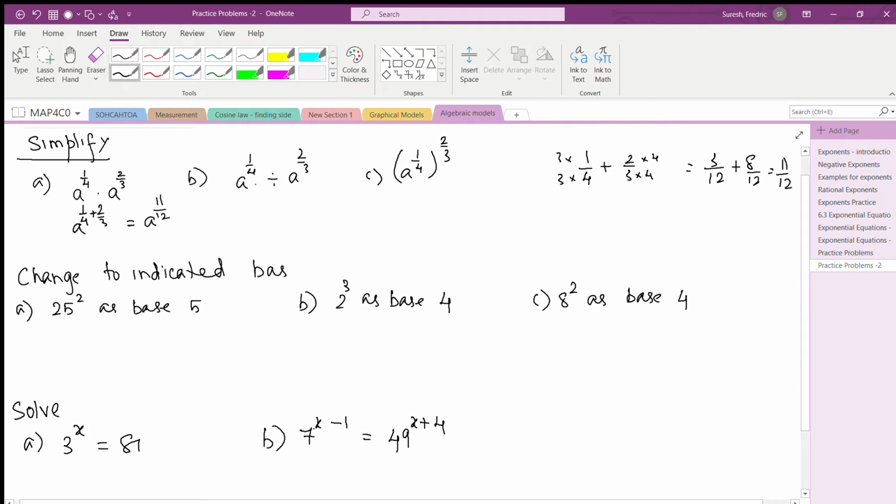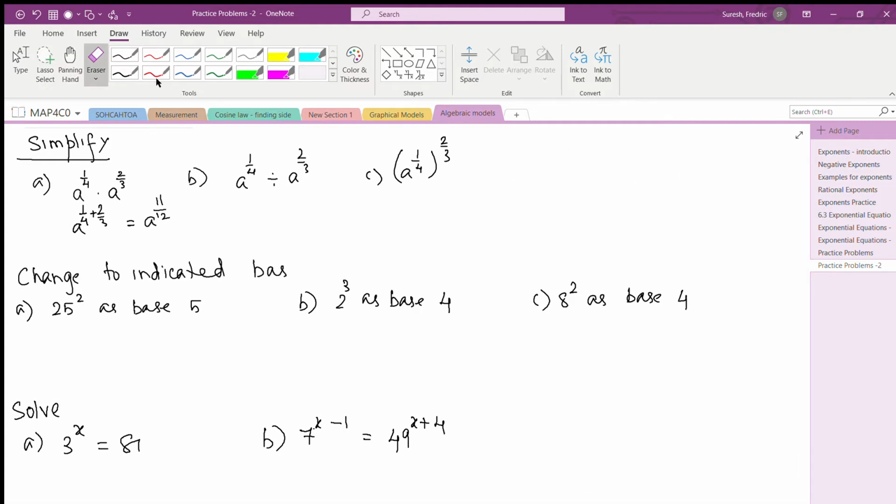The second one, we are going to apply the quotient rule because there is a division here. So clearing up the space for us, we are going to subtract the two fractions. So it is 1 over 4, take away 2 over 3. Again, we need a common denominator of 12.